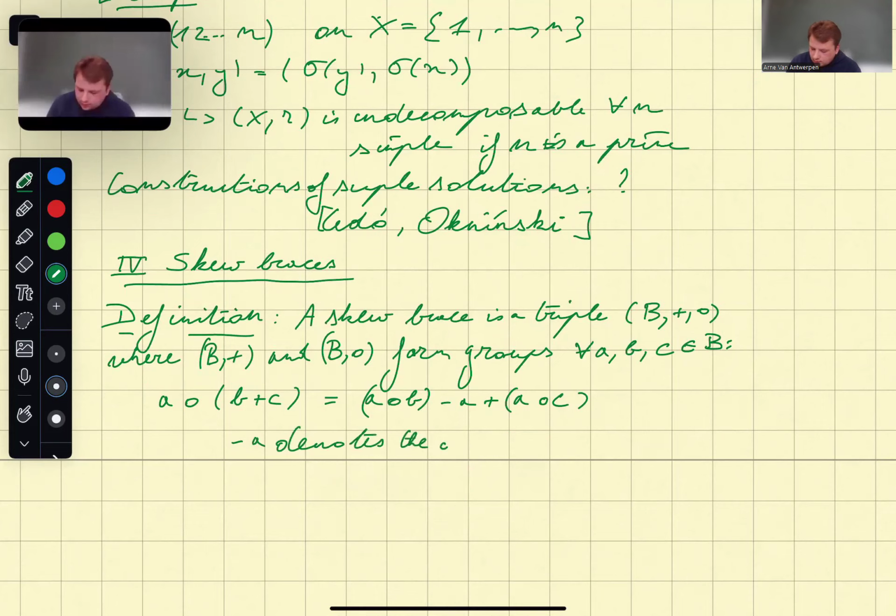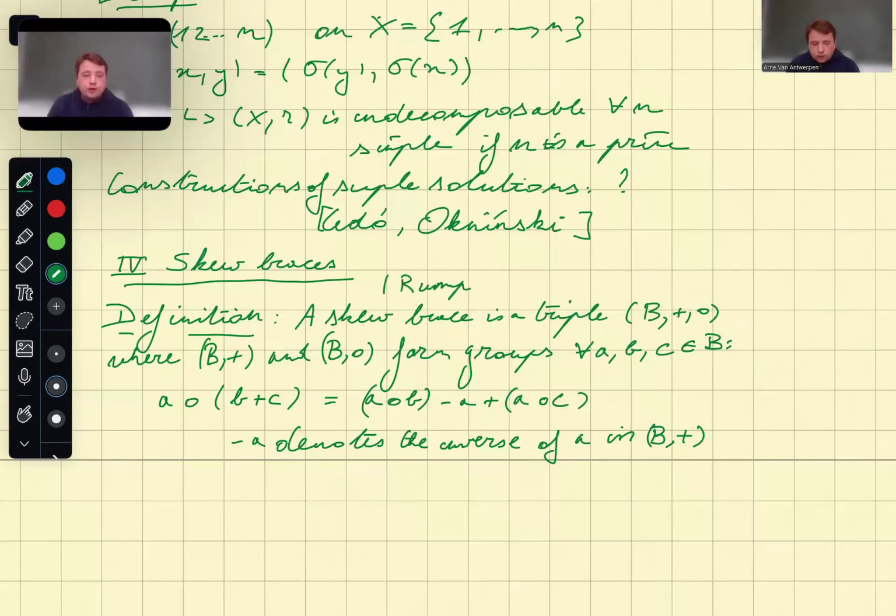These algebraic structures came up in the study of set-theoretic solutions, even in the construction of set-theoretic solutions, and they turn out to be very important. A particular version was first introduced by Rump. That's maybe also an explanation of where B plus, in particular the plus symbol, comes from.